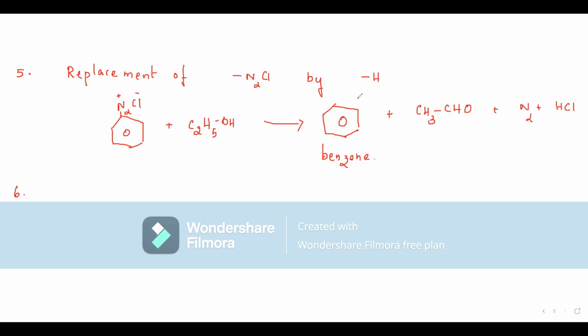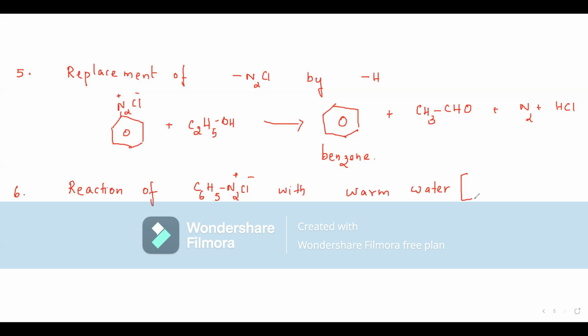Now, in this, there's one more reaction that we need to study, that is the reaction of diazonium chloride with warm water. That is, the reaction of C6H5N2Cl with warm water.